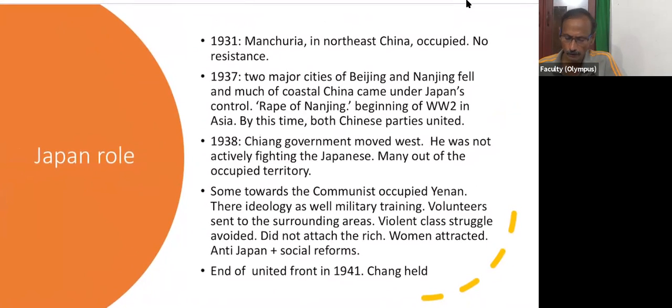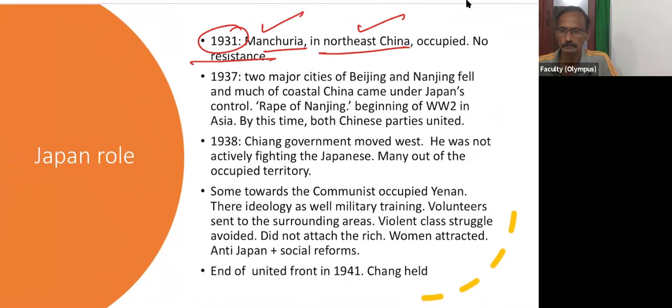Japan occupied Manchuria in 1931. And there was no resistance. Manchuria was northeast of China. There was no war in 1931 because the army commander there simply accepted the occupation. And they tried a similar thing in 1937.